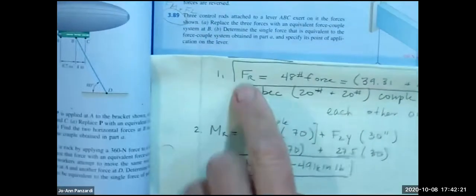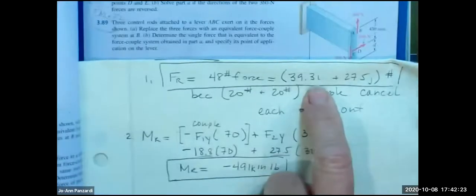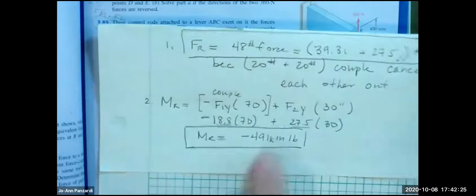John, I have a quick review question. Can you show us what we wrote down for the answer to 89A? I just want to make sure I compared those two answers. A had the force at B, right? And then part B has the force away from point B. So for 89A, the answer is: what is the resultant force? What is the resultant moment?